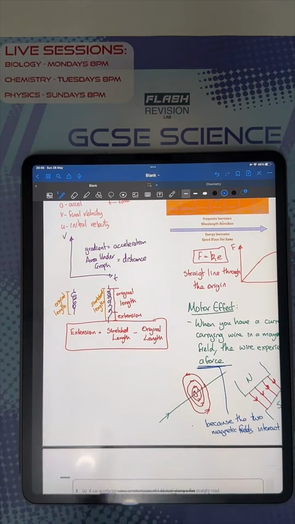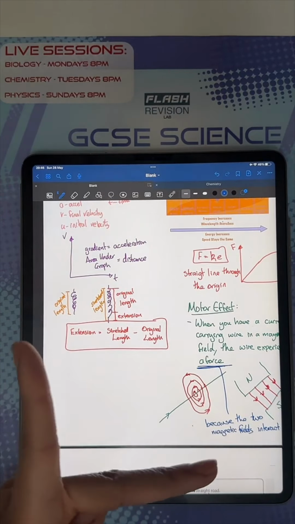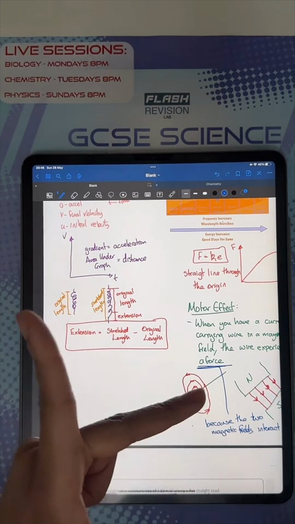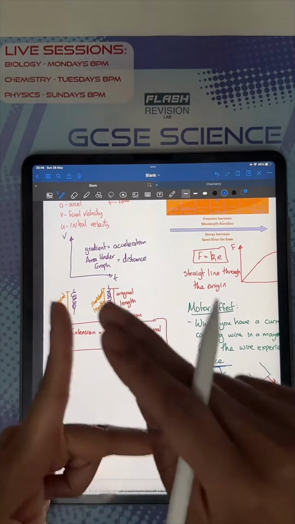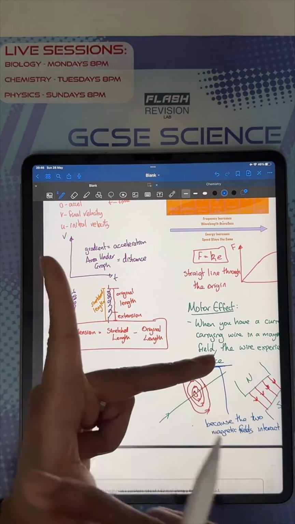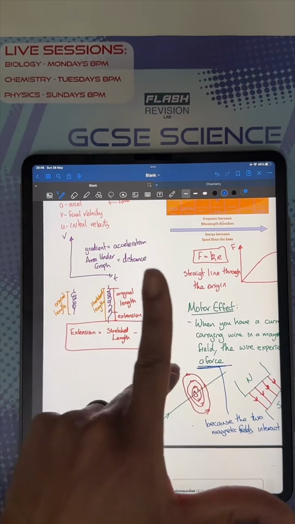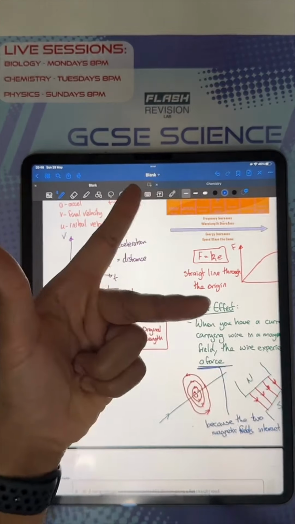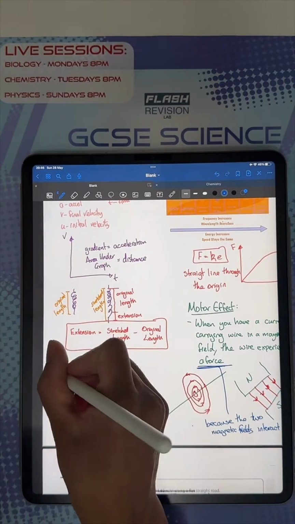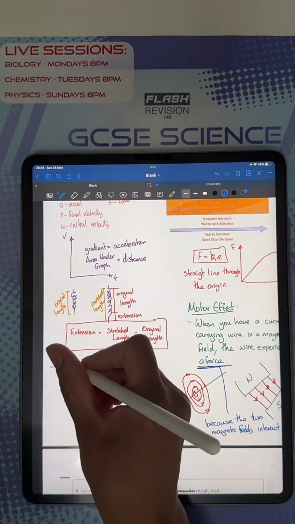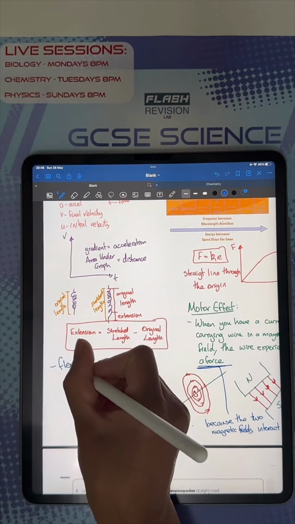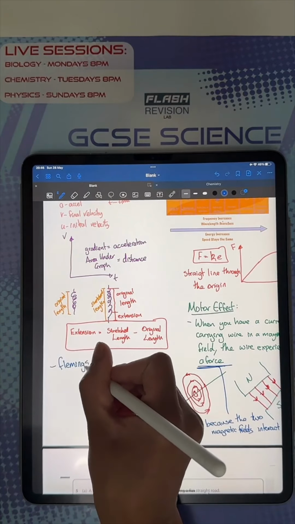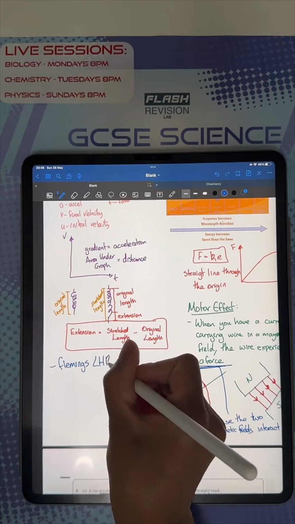So what you need to do is hold out your left hand so that your first finger, second finger, and your thumb are all perpendicular to each other. Okay? Like this. Fleming's left-hand rule.